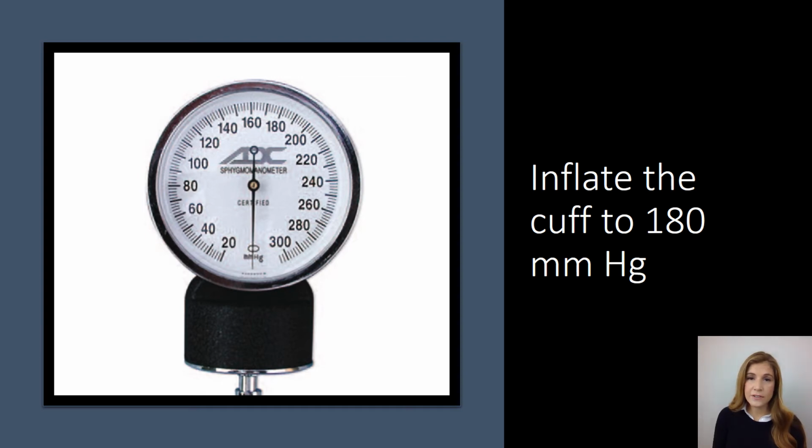So if you look at this sphygmomanometer, you'll see that it is calibrated by the little lines, each representative of 2 millimeters of mercury. And that means that you will never obtain an odd number on a manual blood pressure.